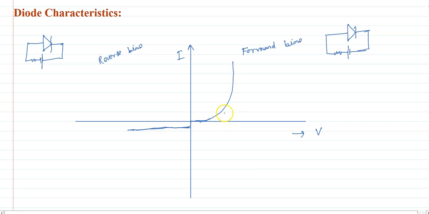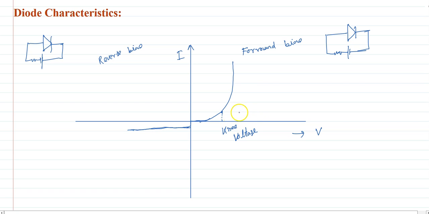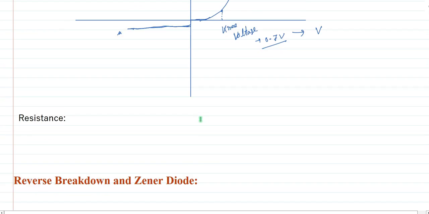Okay, and for silicon, below this voltage the diode is not properly active, meaning not working properly, and above this voltage the diode works properly. This voltage is known as knee voltage or knee point. For a silicon diode the knee point voltage is about 0.7 volt. Okay, and the reverse bias current is in the microampere range, and the forward bias current is very large. This is the diode characteristics graph.